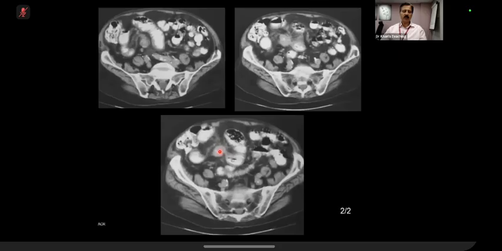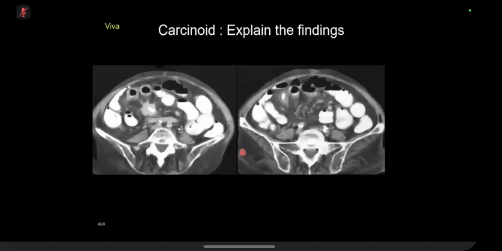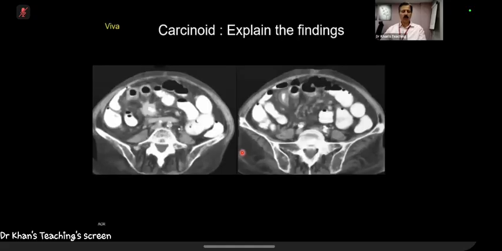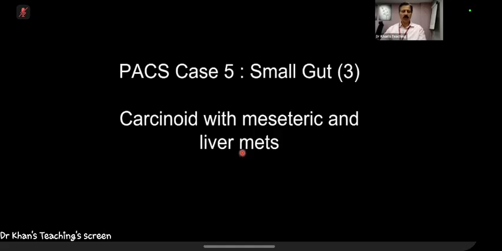Second thing is that carcinoids produce serotonin or kallikrein, because of which there is desmoplastic response, and there will be constriction of lymphatics or venous system, and the adjacent bowel loops might show a bit of thickening. This is classical for carcinoid, and I have got a very good case here, a classical exam film.